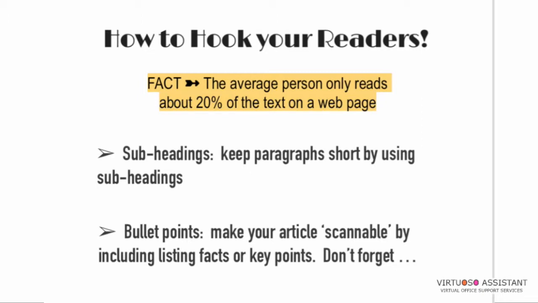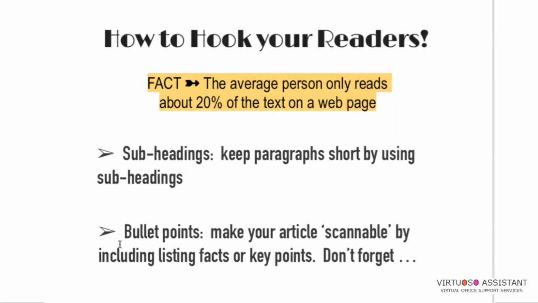Remember that fact I gave you last week that the average person only reads about 20% of the text on a page. So bear that in mind when you're writing. Keep paragraphs short, say between 3 and 4 lines, and divide them into subheadings. And I also mentioned how I usually scan an article just initially so I can pick out the main points.